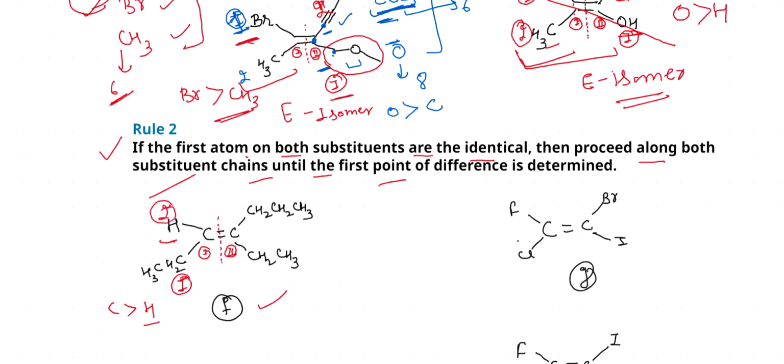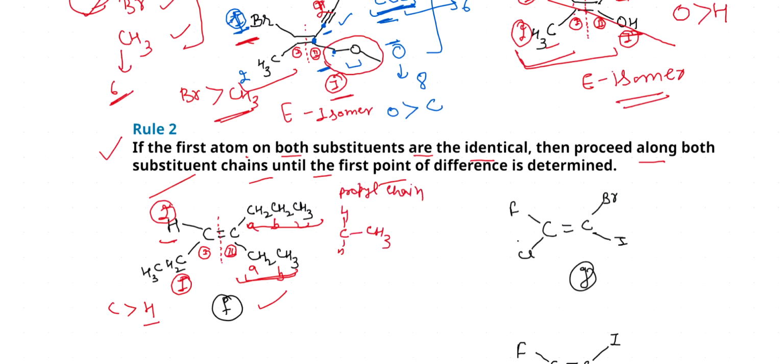And on the right hand side, the carbon is attached to this propyl chain and this ethyl chain. So the first atom on both sides is carbon, carbon, and two hydrogens. Then it is again linked to carbon. Again, it is linked to carbon. Okay, so there is a difference in the carbon B. The carbon B is attached to two hydrogens in the propyl chain and one methyl group.